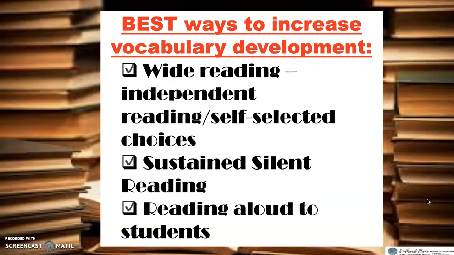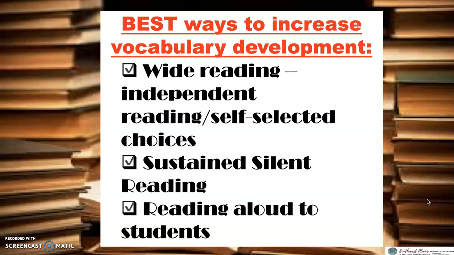But what are the best ways to do this? Well, research documents that the best way to increase a student's vocabulary is through wide reading of various types of text, from fiction to nonfiction to poetry to comic books to baseball cards to whatever.